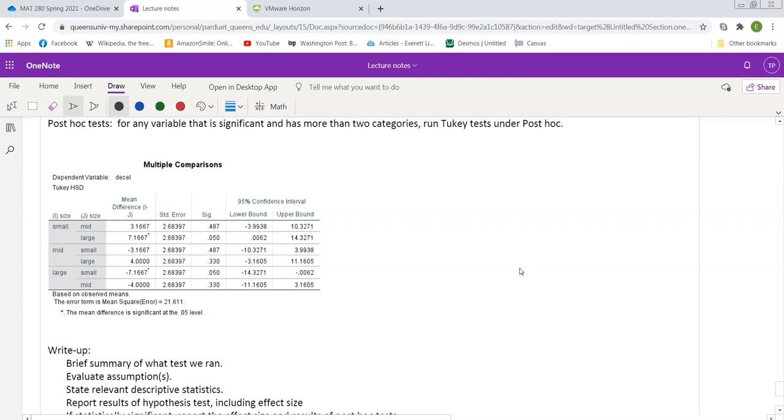I think you could reject H0 there. We generally reject H0 if the p-value is less than 0.05, but some people say less than or equal to 0.05. So I think you could go ahead and reject H0 here, and say that there is a significant difference between small and large cars, but none of the other combinations have statistically significant differences. This is just if this had come out to be significant, though. This is just so I can show you what you would do.